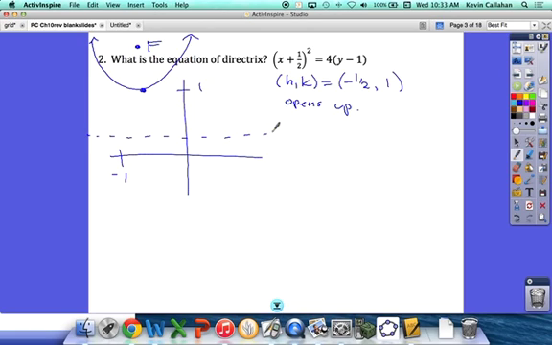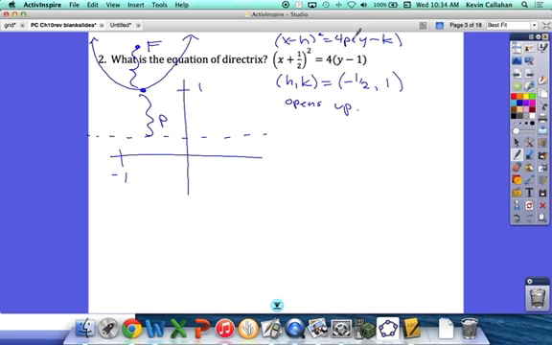How are we supposed to find just how far inside and outside those two things are? Yeah, this distance right here, right, is p. So we have to use the p to go from the vertex to the directrix. How do you find the p? Right, remember, since this is vertical, it's x minus h squared equals 4p times y minus k.